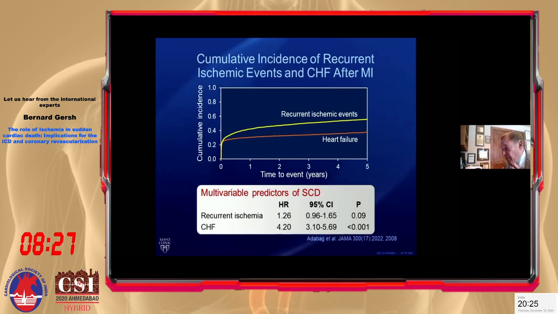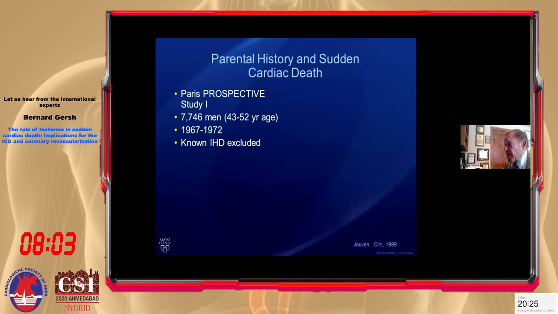On multivariable predictors of sudden cardiac death, we found that the presence of heart failure was very powerful, and there was a trend, not quite significant, for recurrent ischemic events. So here again, if you have been revascularized at this point in time, that may not help you when you develop recurrent events, ischemic or heart failure, and again this argues for an ICD.